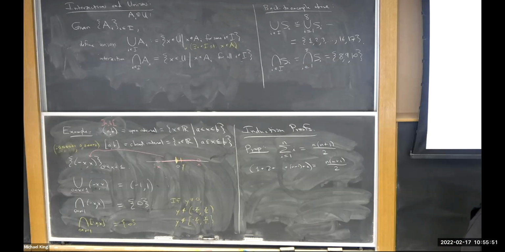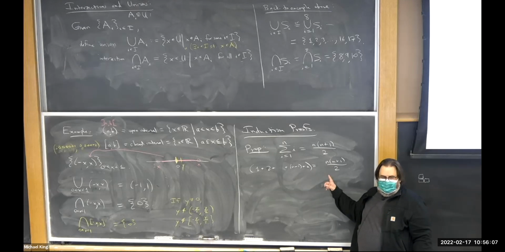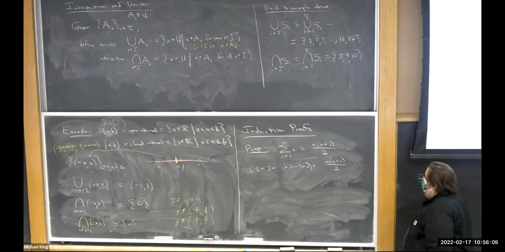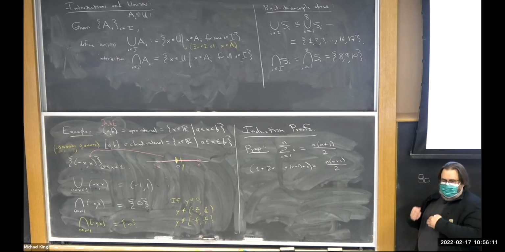There are different arguments. There is a picture proof that I like of this. These are actually called triangular numbers. The sums of the first n numbers are called triangular numbers because, think about bowling pins: 1, 2, 3, 4, they make a triangle.